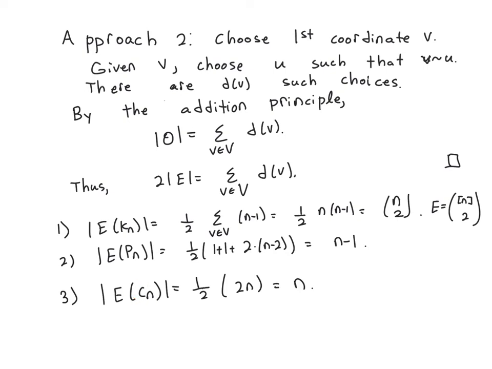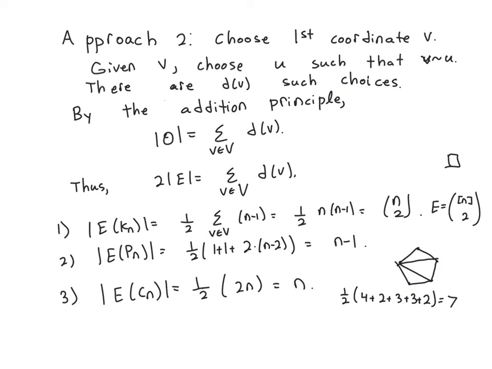Similarly, for the cycle, each vertex has degree 2, there are n vertices. 2 times 1/2 is 1, so there are exactly n edges. Finally, if we take our other example graph from earlier, take its degree sequence, add the numbers up and divide by 2, we get 7, which tells us that there are 7 edges in this graph, which we can see: 1, 2, 3, 4, 5, 6, 7.